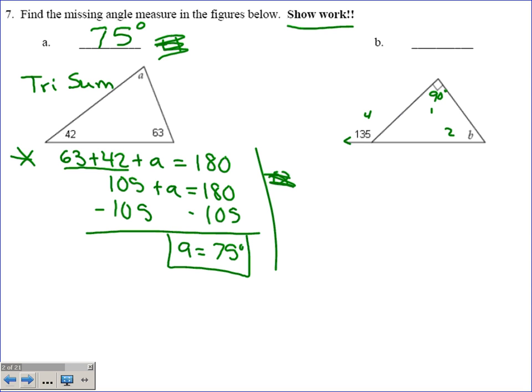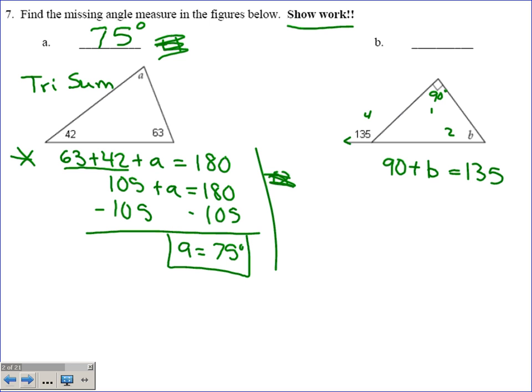Okay, how would we set that up, Silas? Knowing what you know, not what the paper says, how could you set this up? 1 plus 2 equals 4. 1 plus 2 doubles. You got 90 plus B has to equal 135. That's right, that's the angle on the outside.